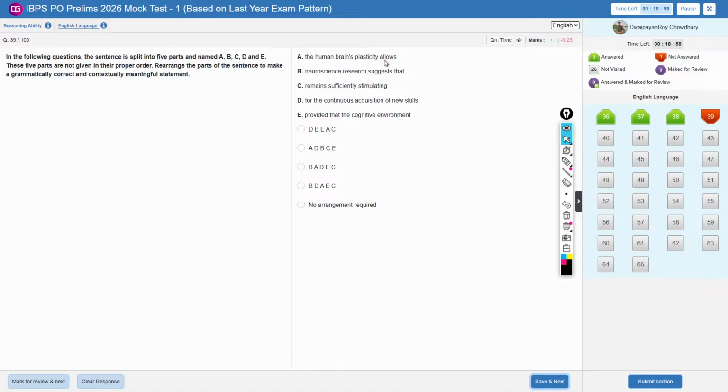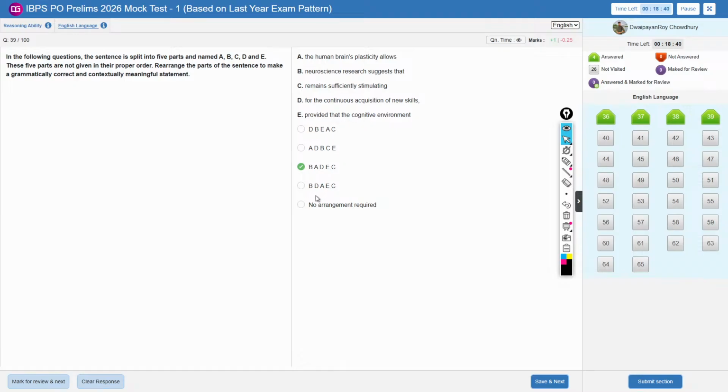The human brain's plasticity allows neuroscience researchers suggest that, so D to start with. No, definitely A is not coming.